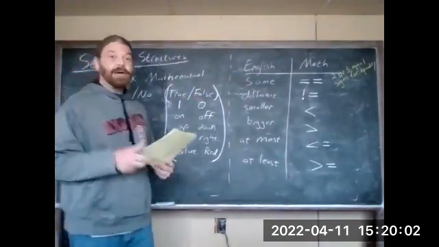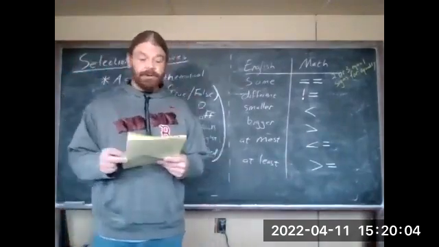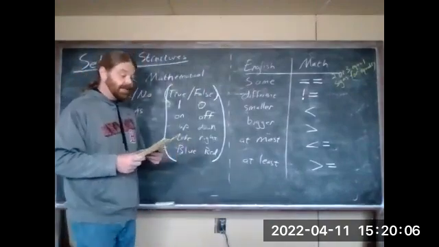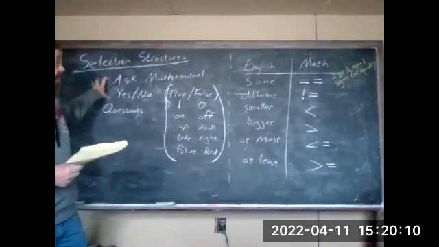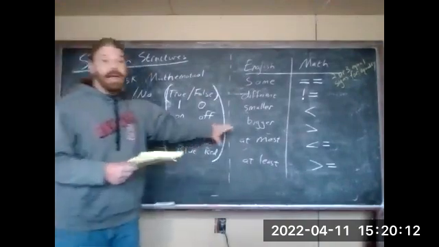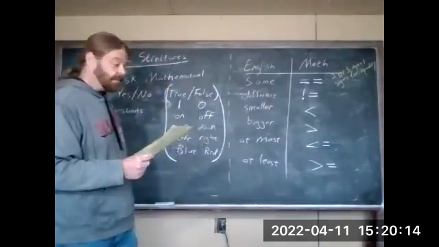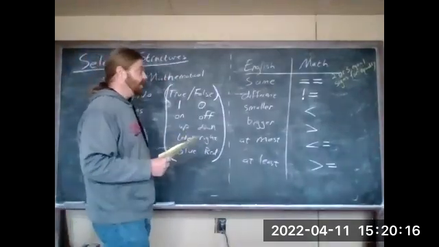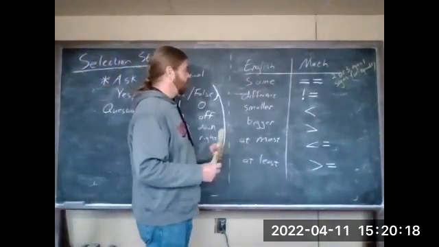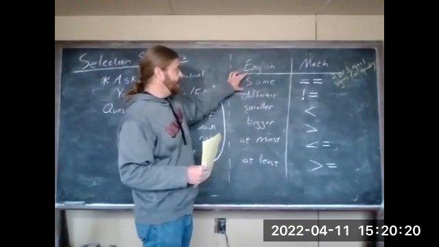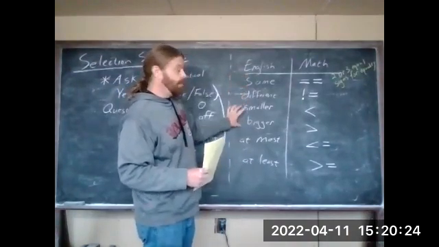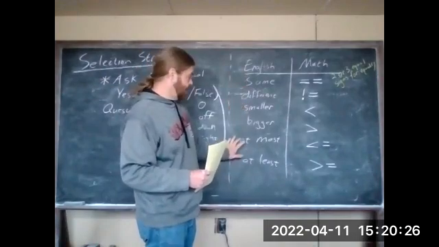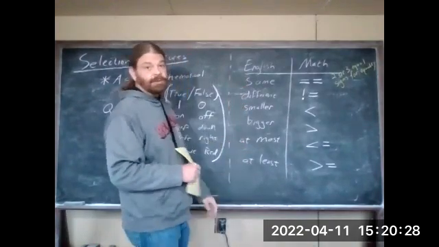So be prepared to change the words you're using as you think about and design these selection structures, because using the correct word can make it a lot easier. That's the stuff we can do. You can ask if things are the same, if they're different, bigger or smaller, and at least or at most.